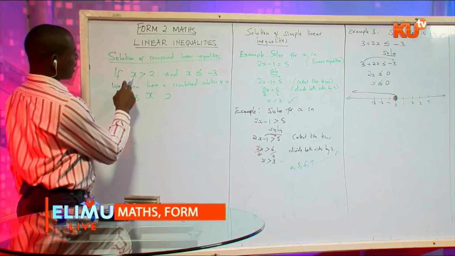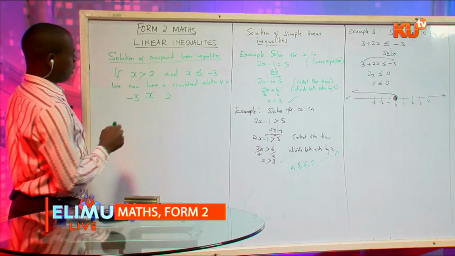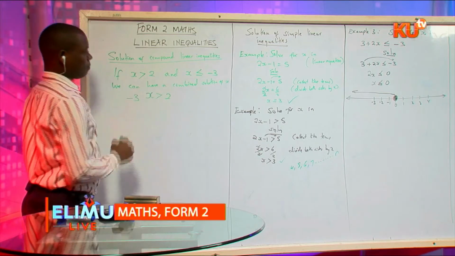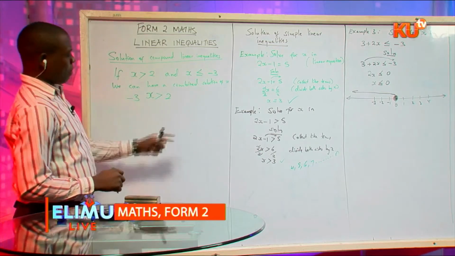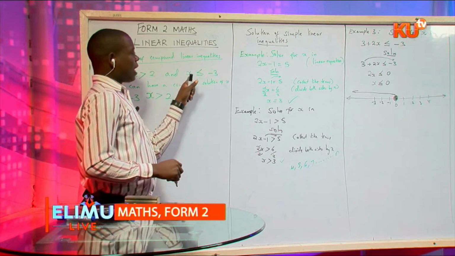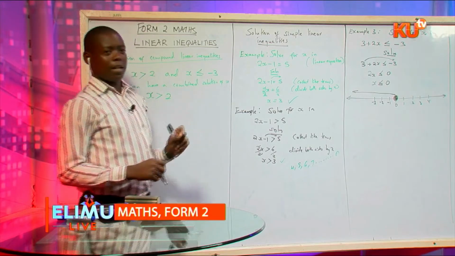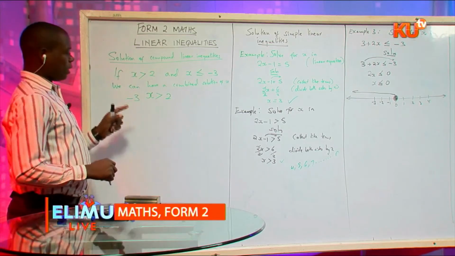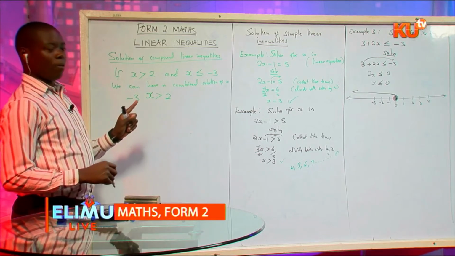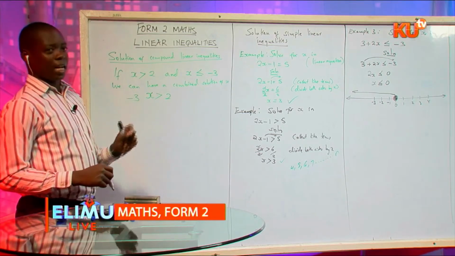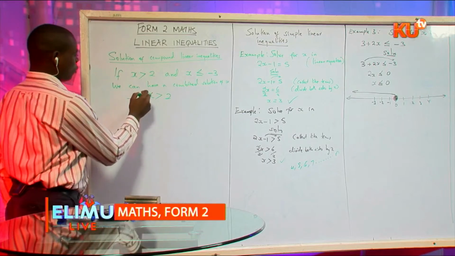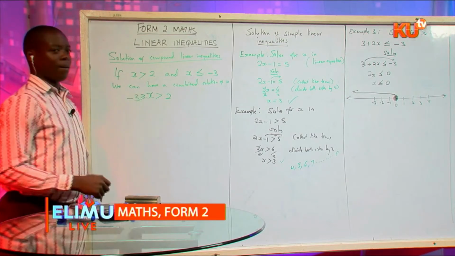And we are saying that x is greater than 2. So we replace it here. But now, on this other side, x is less than or equal to negative 3. So if we start with 3 now, then we'll say negative 3 should be greater than or equal to negative 3.